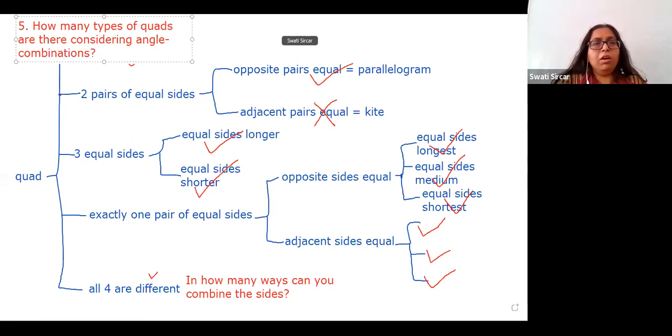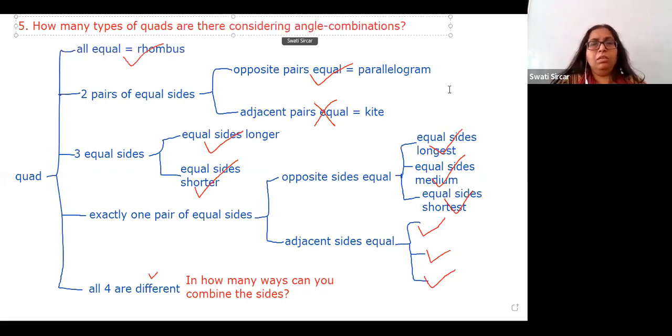I want you to consider all four angles equal, three angles equal and one different, like that. How many possibilities can you get? So definitely take a look at that. That's another homework, because now I'm going to go and erase this.